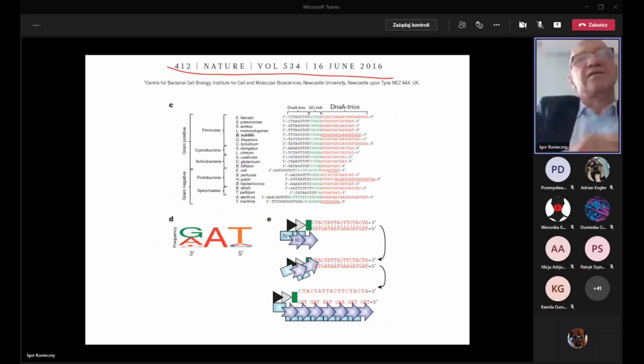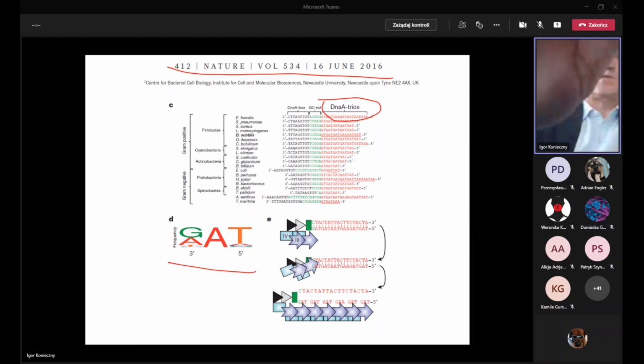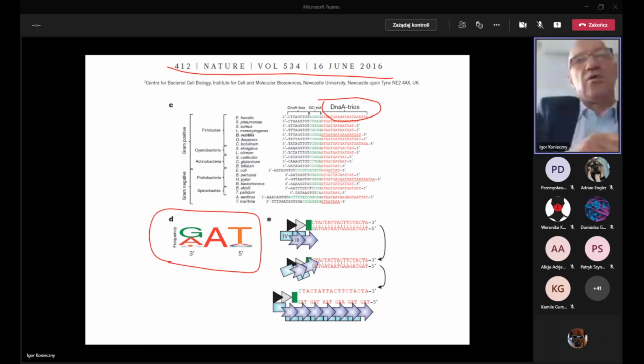So we thought that actually everything was discovered based on the sequence of replication origins in bacteria, and then this paper showed up that a new specific sequence was identified, which is called DNA trios. These trios were identified between the DnaA box sequence and the AT-rich part of the replication origin.